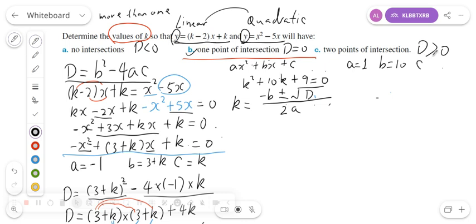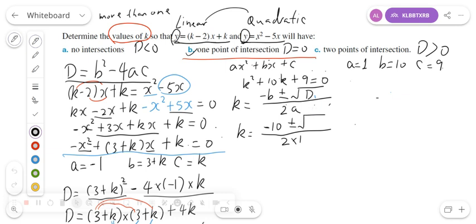And then c is the number by itself, which is 9. So then it is very easy to determine k, because k is going to be 2 times 1, which gives me 2, and then negative b, which is negative 10, plus or minus the discriminant.